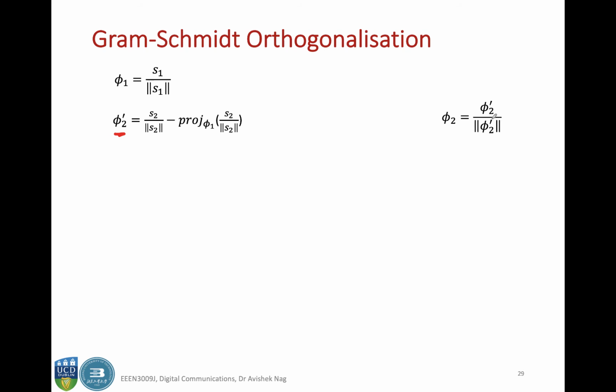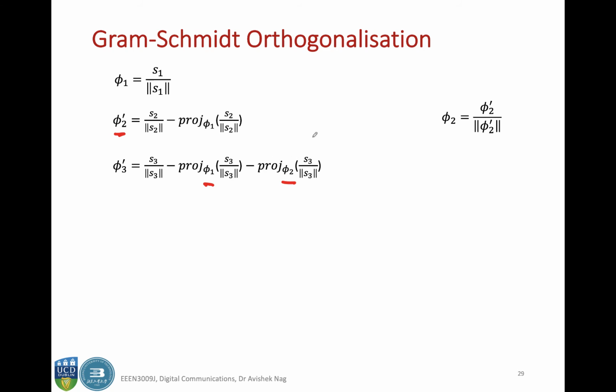So this is an iterative algorithm. You get phi1 as denoted here in the first step, then you obtain phi2 from your knowledge of phi1, and then you go on like this. You then find phi3 prime, which is S3 divided by S3's norm minus the projection of S3 divided by S3 norm on the phi1 axis and the phi2 axis.